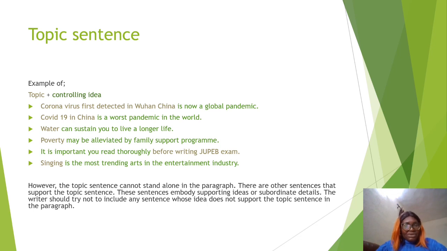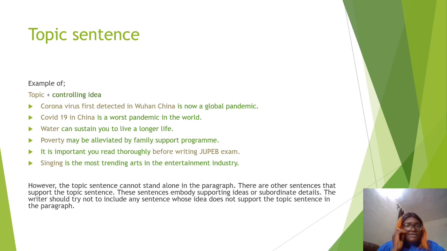Now, coronavirus is the topic. Why is now a global pandemic? Is the controlling idea, because it is this idea that will control every other thing that will be written to support this topic. Now, every other idea you will be writing will revolve around this controlling idea.